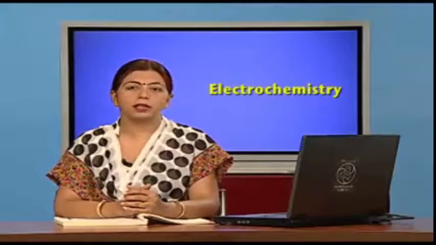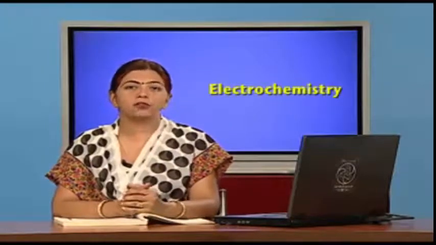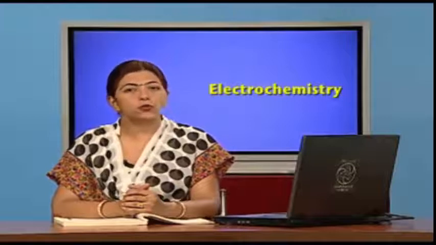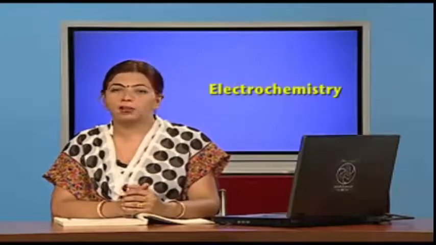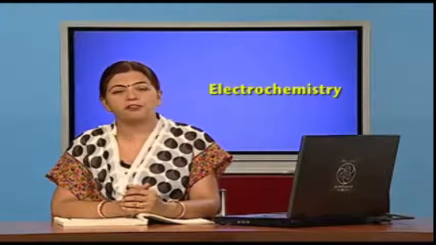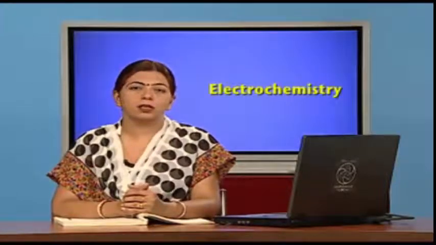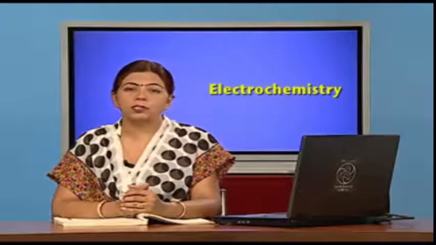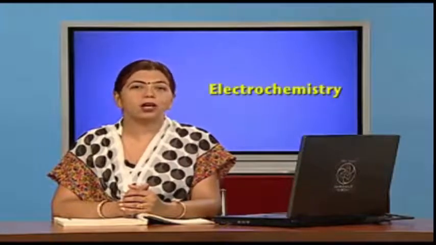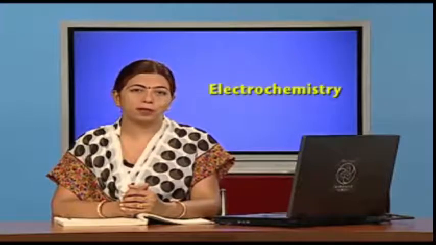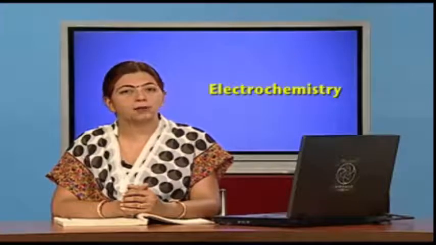And the molar conductivity is the conductance of the ions produced by 1 mole of the electrolyte. So there is a difference between conductivity and molar conductivity. Let's study how the concentration or dilution affects both of them, kappa and lambda m.